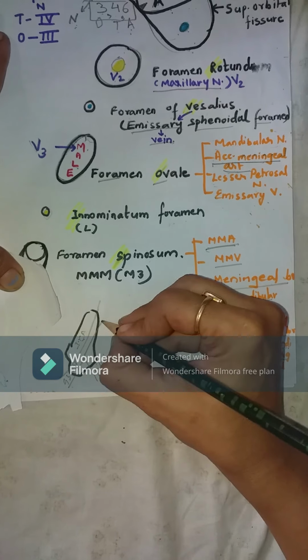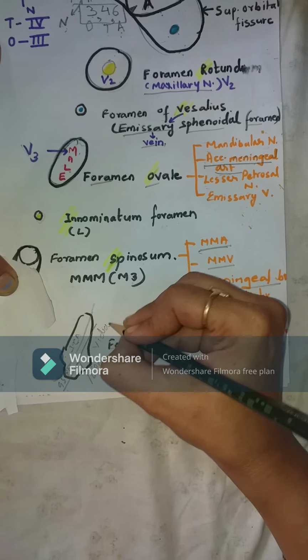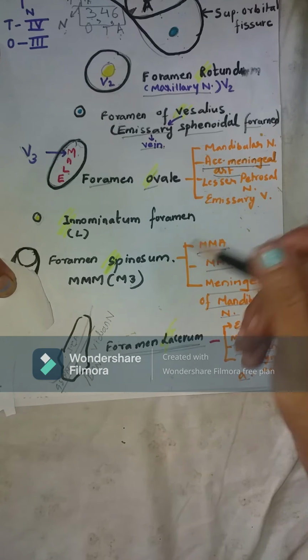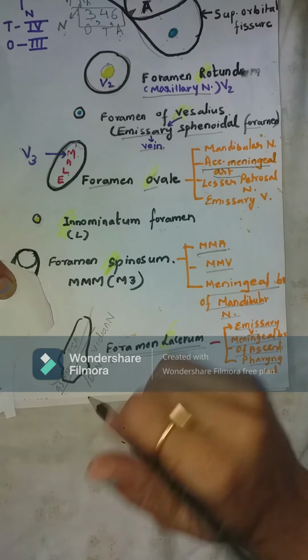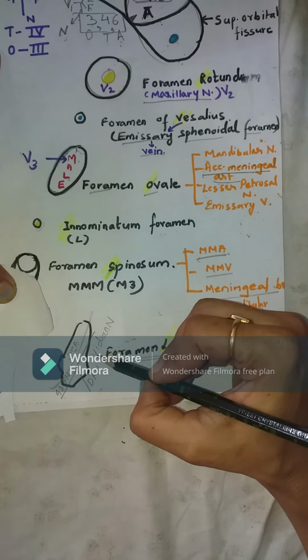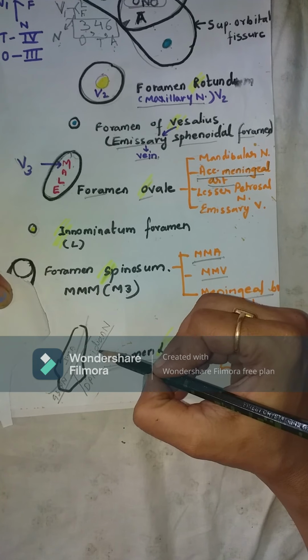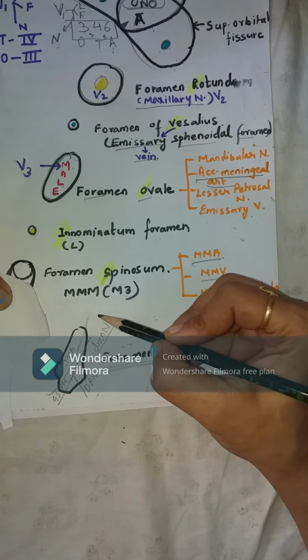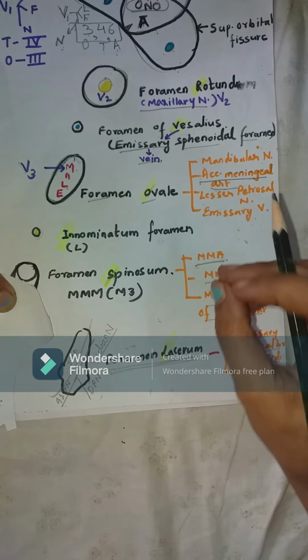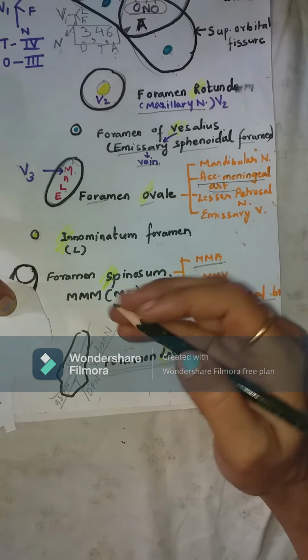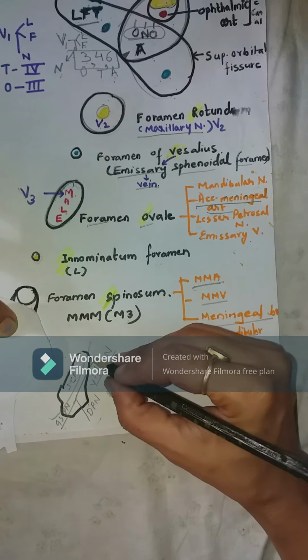Right? So these are the two things which happen over the foramen lacerum. The Vidian nerve is also called the nerve to the pterygoid canal, and it will traverse the pterygoid canal. The pterygoid canal lies in the anterior wall of foramen lacerum.